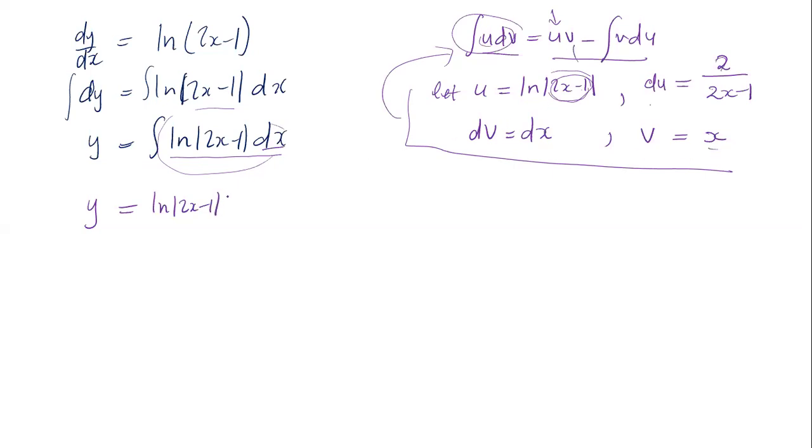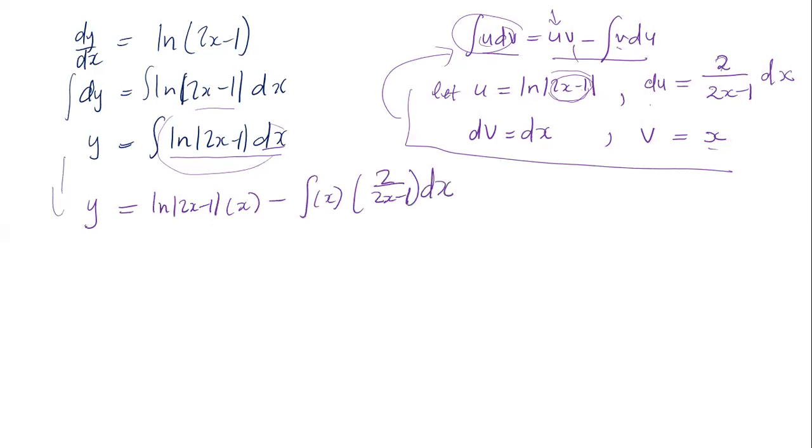We said our v is the same as x. We substitute x over there. Subtract the integral of v, we said v is x, du. Oh, by the way, let me not forget dx over there because we're deriving in respect to x. So now du is going to be the same as 2 over 2x minus 1 multiplied by dx.